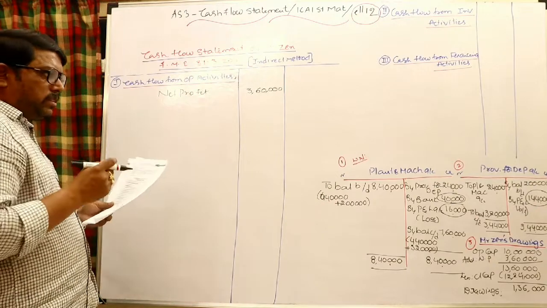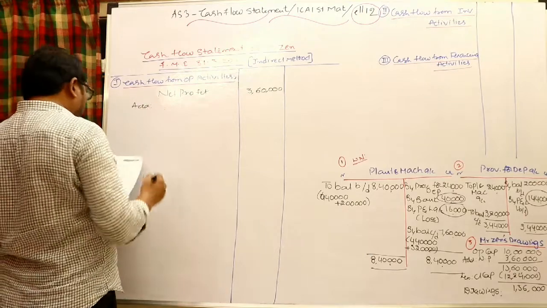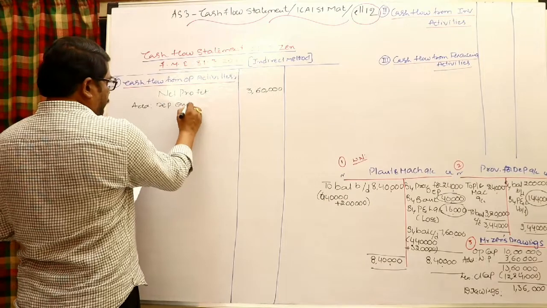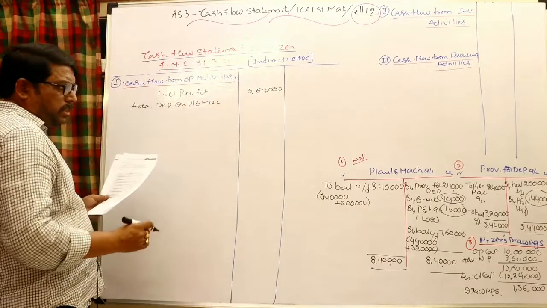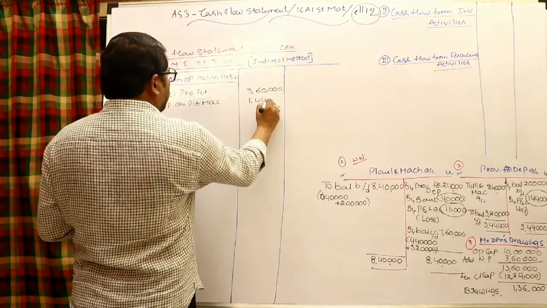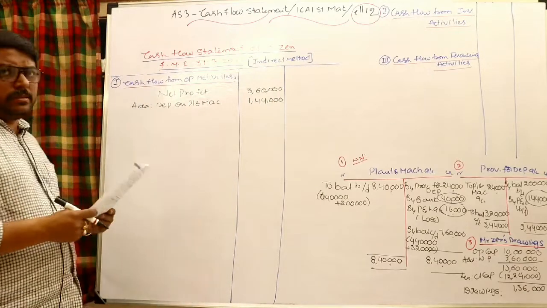Non-cash items means depreciation, add depreciation and appropriations. Depreciation on plant and machinery 1,44,000. Depreciation and amortization should be added back.